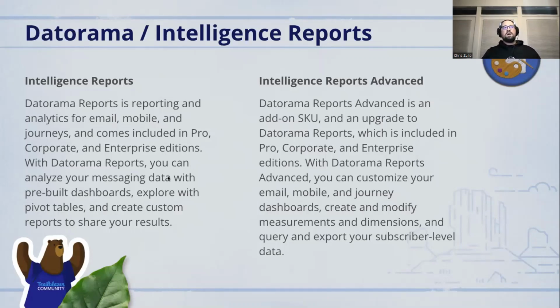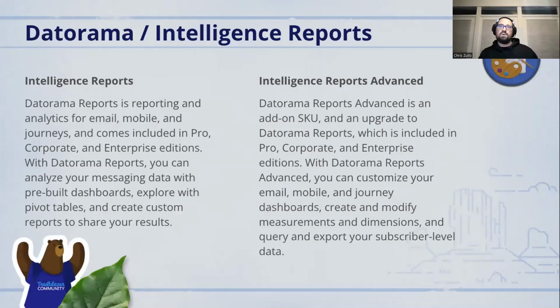The main thing with Intelligence Reports is journey, push and email statistics. It's mainly point and click, predefined, nothing too custom, whereas the advanced gives you additional features and functionality, like being able to write queries to get more granular data that maybe you're not able to get with the out-of-the-box dashboards.